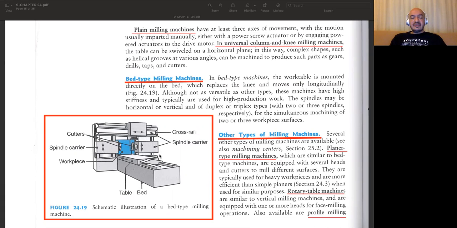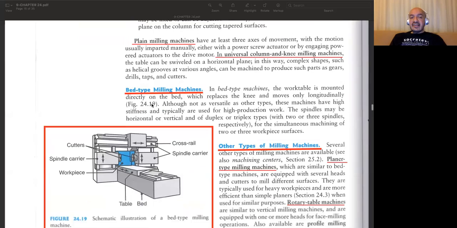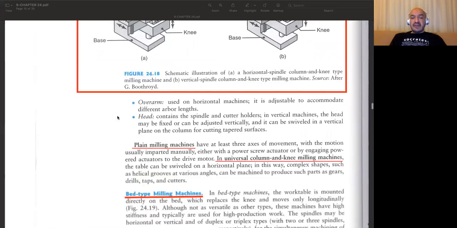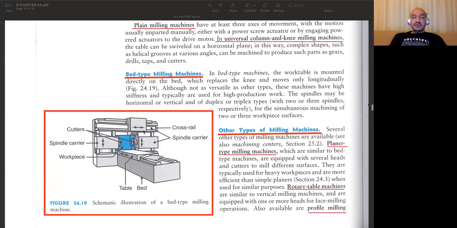I will show you some example videos about these machine types. But the main difference is that with respect to the column and knee type, we don't have a knee this time. We have a large bed, and all the motions are actually done on this head part. The tool is moving in all the directions.